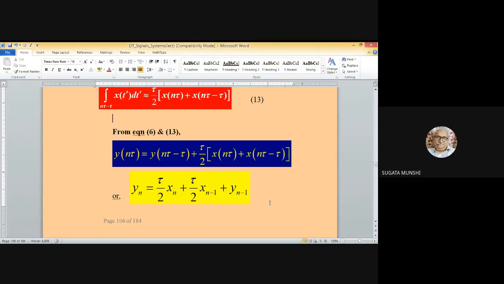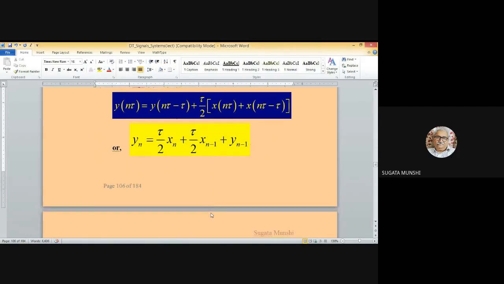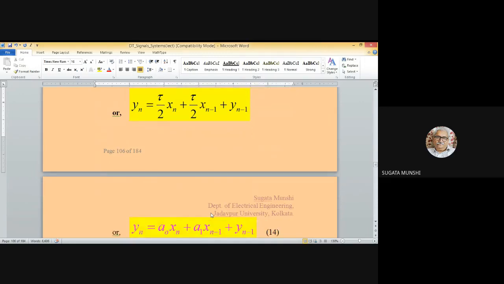If you compare the transfer function of a continuous time integrator with that of this trapezoidal integrator, that will result in another approximate relation between S and Z, but it will be a better approximation. a0 and a1 are the same, tau by 2.